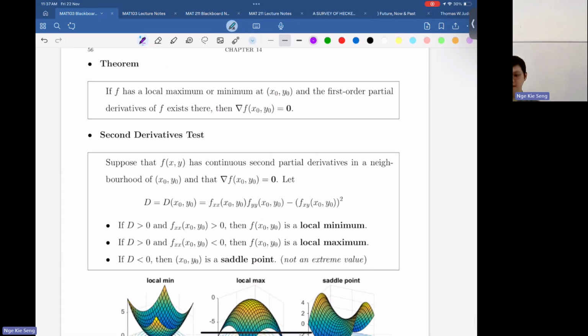If f has a local maximum or minimum at (x0, y0), and the first order partial derivatives of f exist there, then the gradient vector is equal to the zero vector. So if you're going to find local max or local min, the gradient vector is equal to 0. So you need to find these local max or local min using what? What are the points that satisfy gradient vector equal to 0?